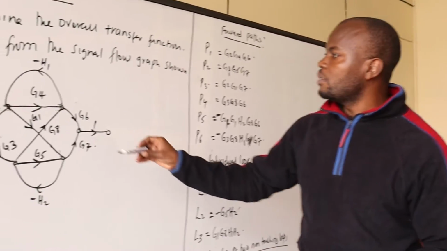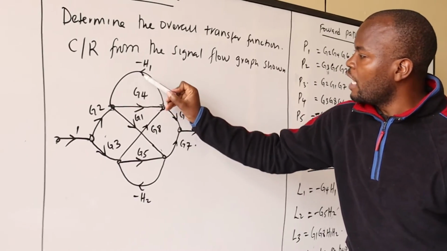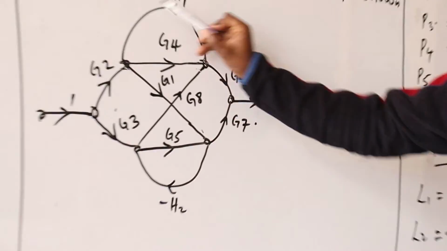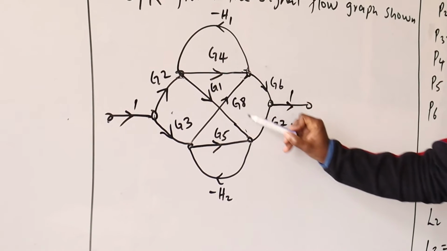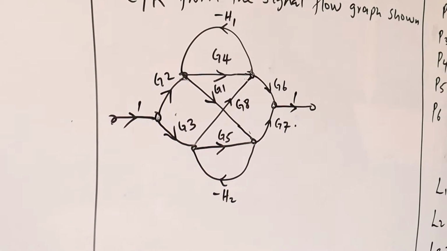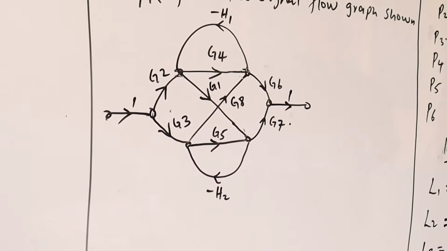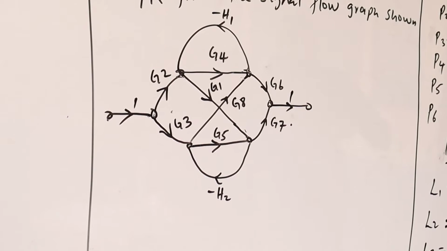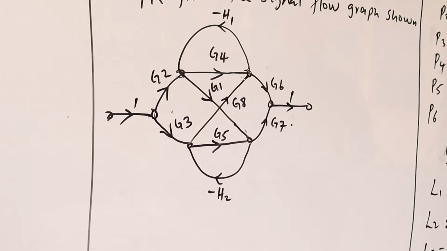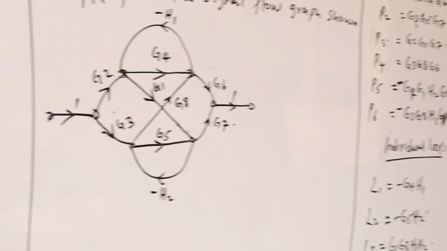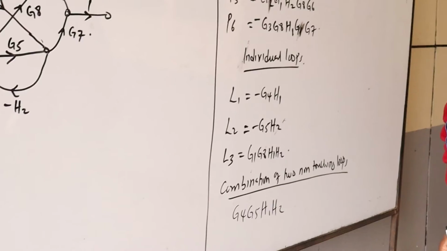So they share a common node, and therefore we only have a single combination of non-touching loops.